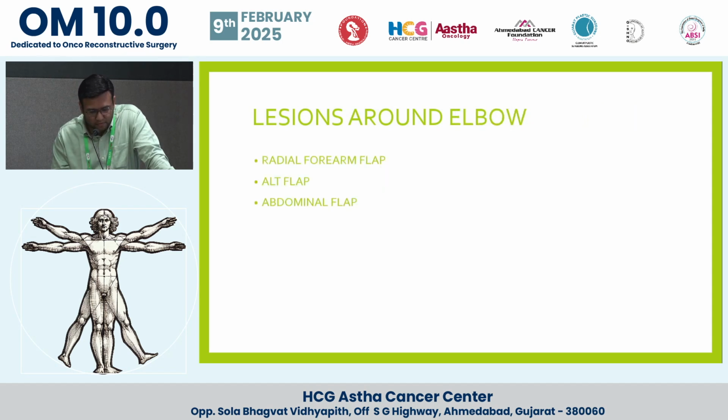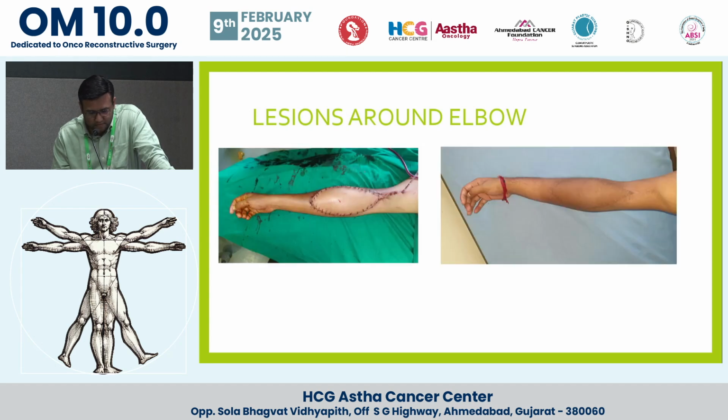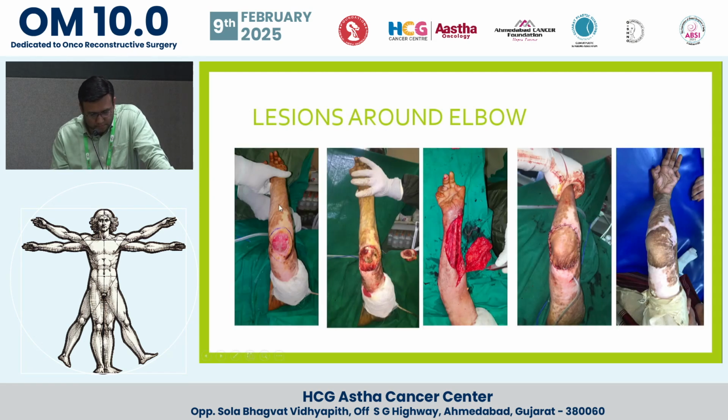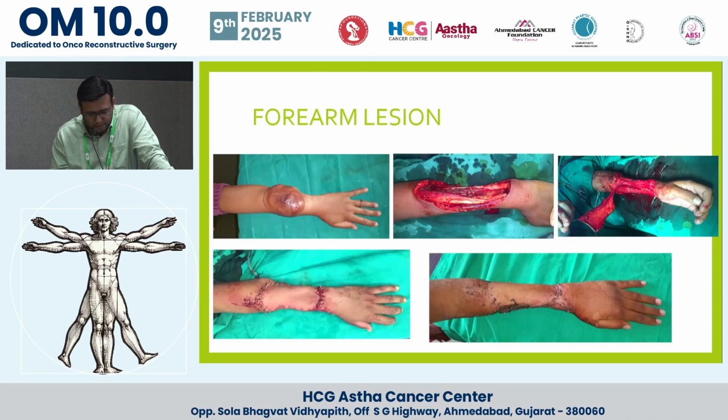For lesions around the elbow, abdominal flap, radial forearm flap, and ALT flaps are the options. This defect is covered with a free ALT flap, nicely contoured. Another radial forearm flap for the elbow, abdominal flap for the elbow, forearm lesion with the radial forearm flap.